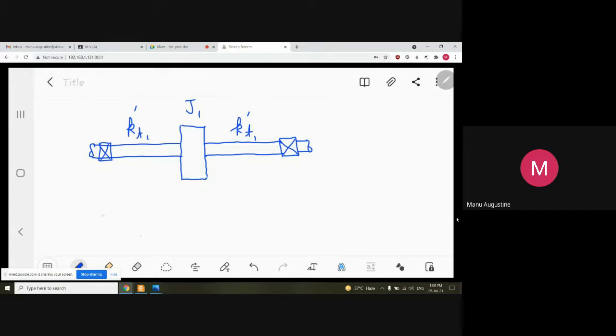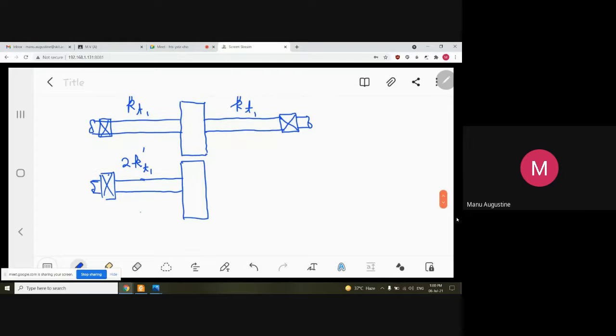So I can say that this system, the one that I'm drawing right now, which has a shaft on only one side, is equivalent to the above system if I take the stiffness of the shaft on the left hand side to be equal to twice of KT1 dash. Why? Because I have basically done nothing but converted a parallel torsional system into a single equivalent torsional system.